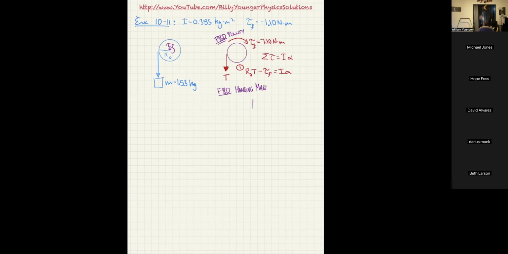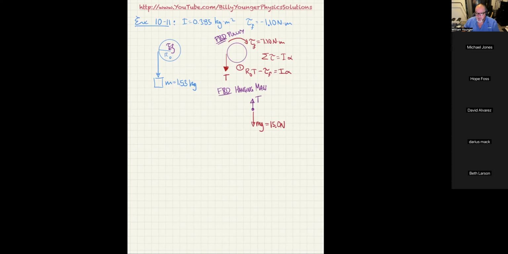In this case, we have a tension T and a force acting downward that is mg, equals 15.0 newtons.